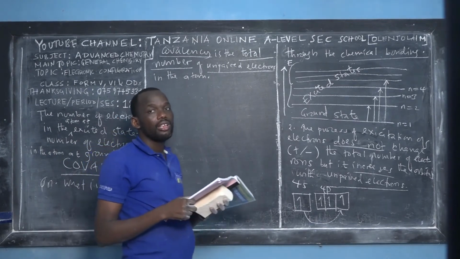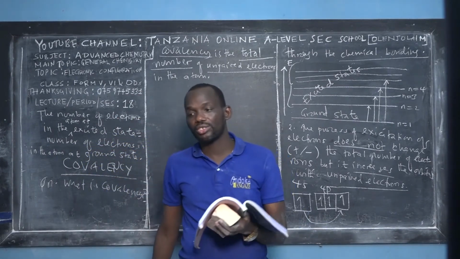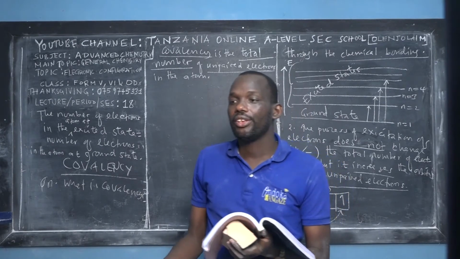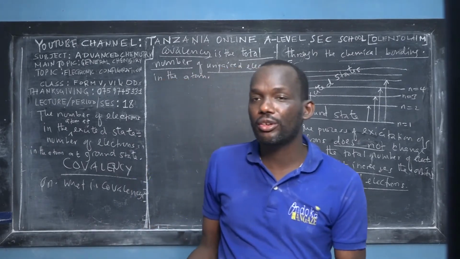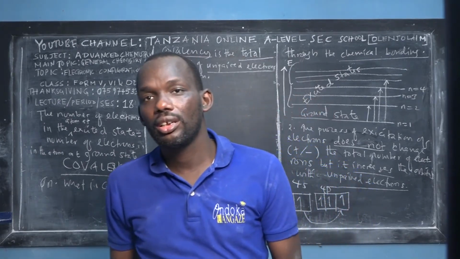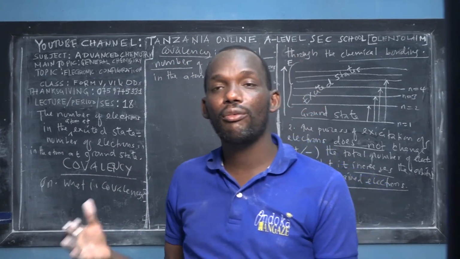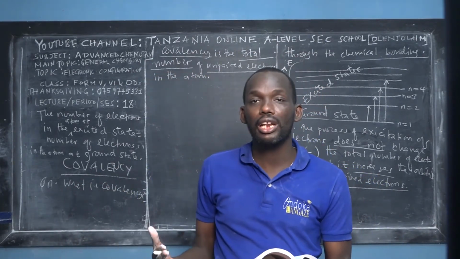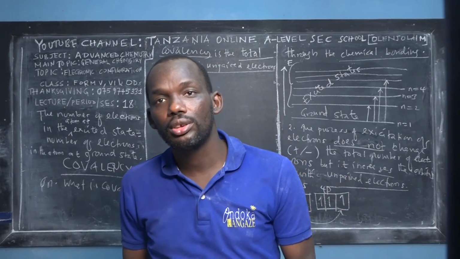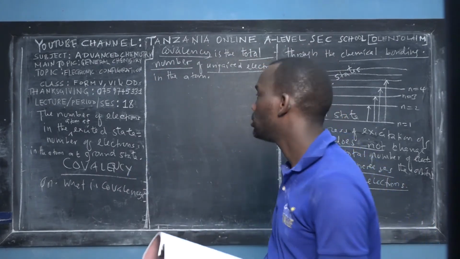So if you have 3 unpaired electrons, the covalence of that atom will be 3. If you have 4 unpaired electrons, then the covalence of that atom is 4.